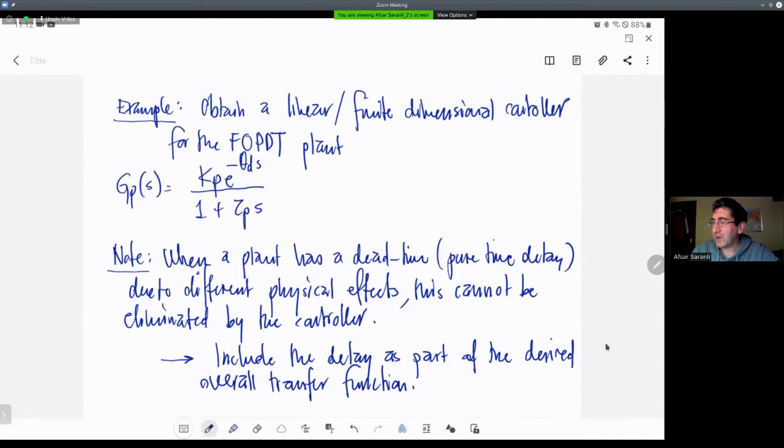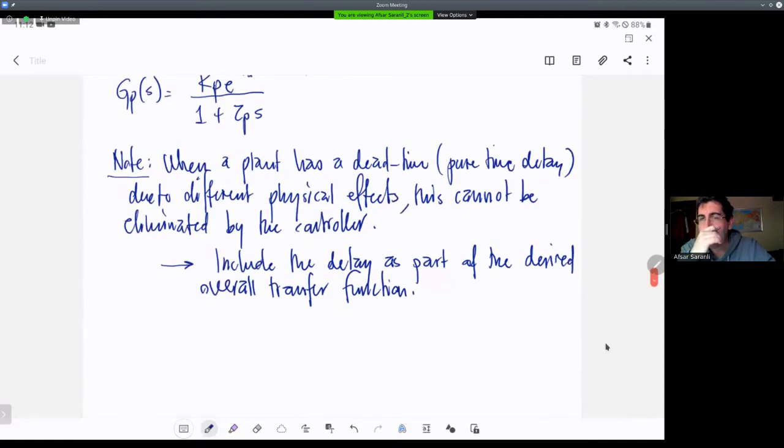Okay, so but remember the difference. Normally the delay is inside the loop. So if the delay is inside the loop, it has an effect on stability. It changes the closed loop poles of the system. But if the delay is outside of the loop, after all the closed loop part of the system, it is nothing but a shift of the desired response. So we cannot live with the effect of the delay inside the loop because of its effect on the stability.